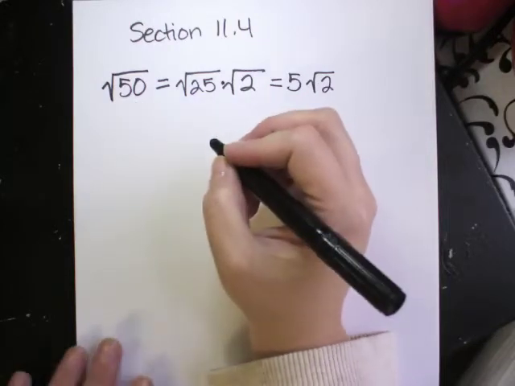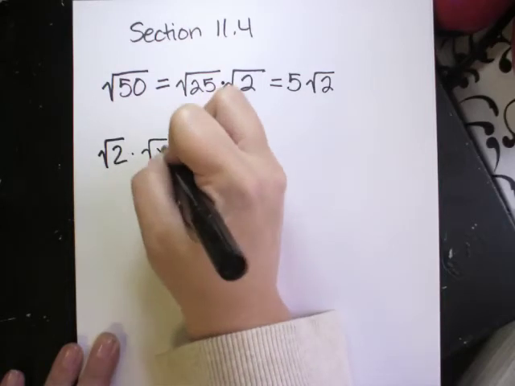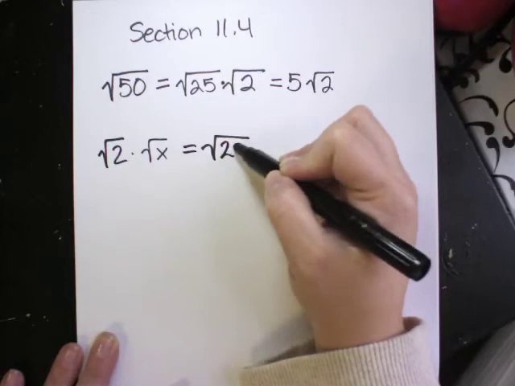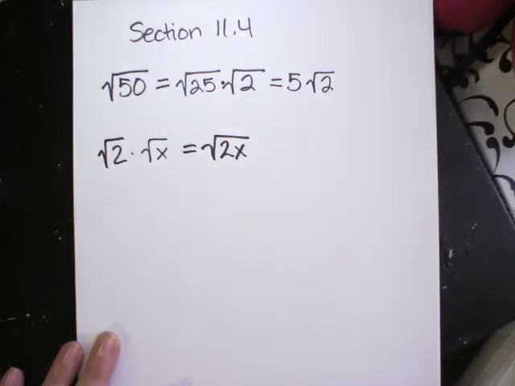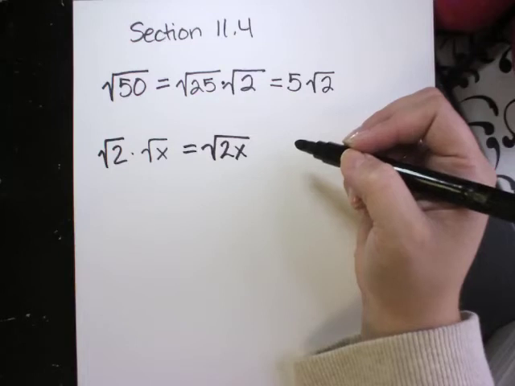Let me show you an example. We'll start pretty simple. If you have the square root of 2 times the square root of x, then they just combine to make the square root of 2x. That's as basic as it gets.